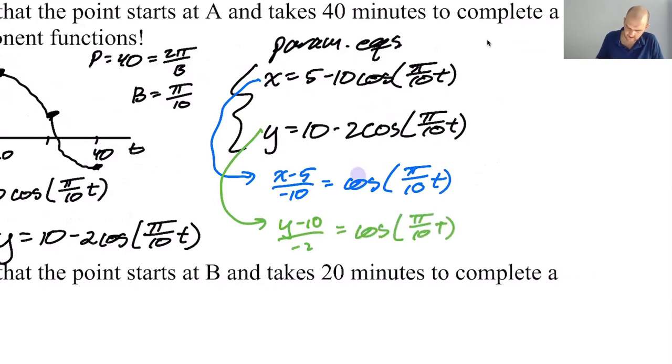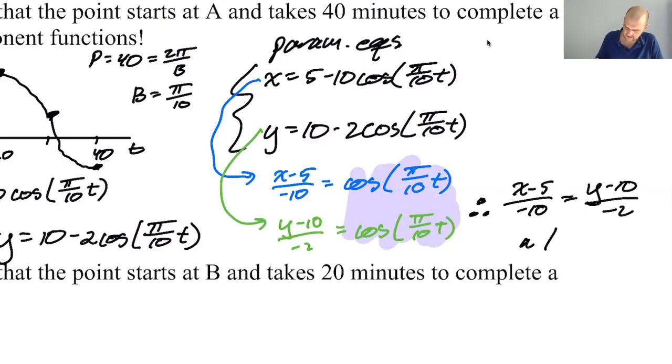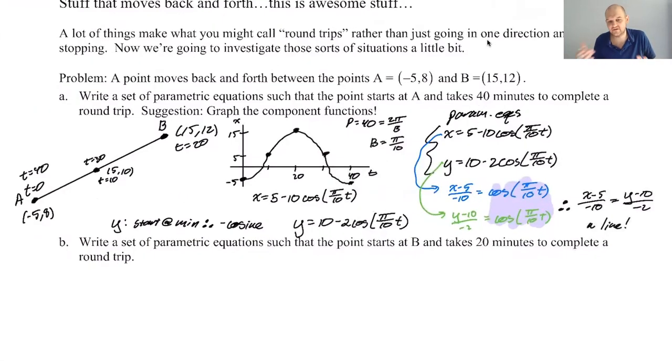Since they're both equal to cosine of pi over 10t, we can say x minus 5 over negative 10 equals y minus 10 over negative 2, which is a line. And I knew it would be a line because they're traveling in a line segment.